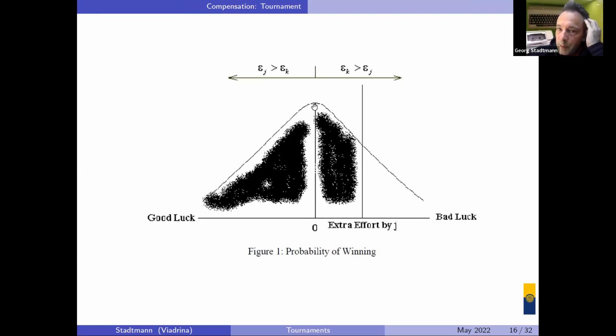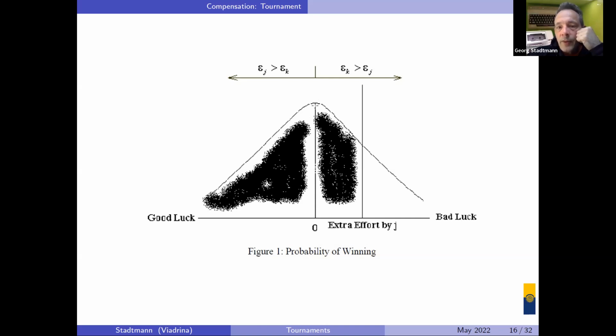But when we let this step to the right converge to 0, how much probability is agent J adding? This is given by the height of this probability function.